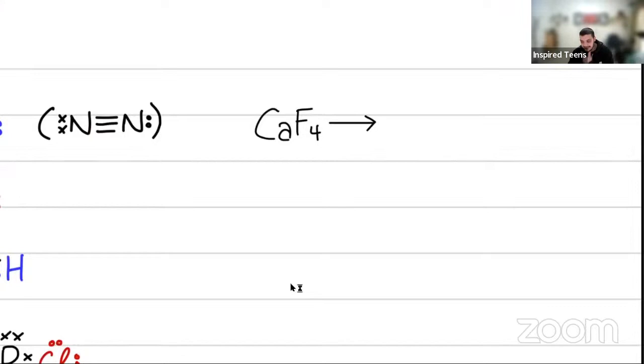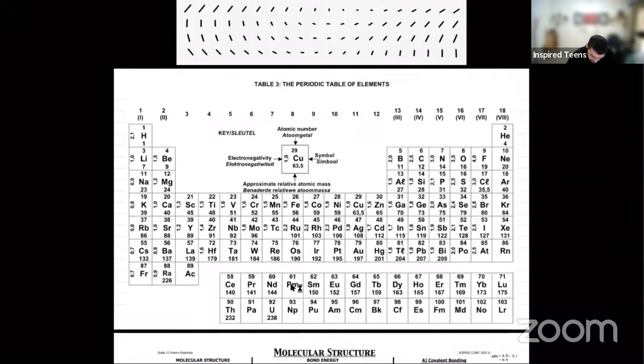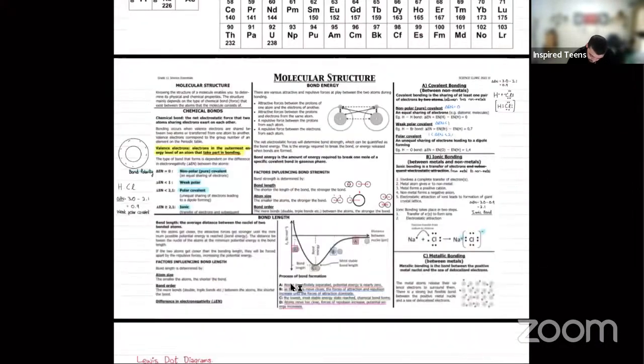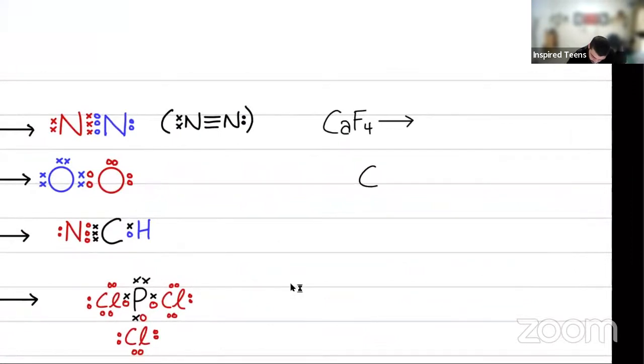Okay, let's look at CaF4. Ca is going to have 2 in F4. Each F has 7.